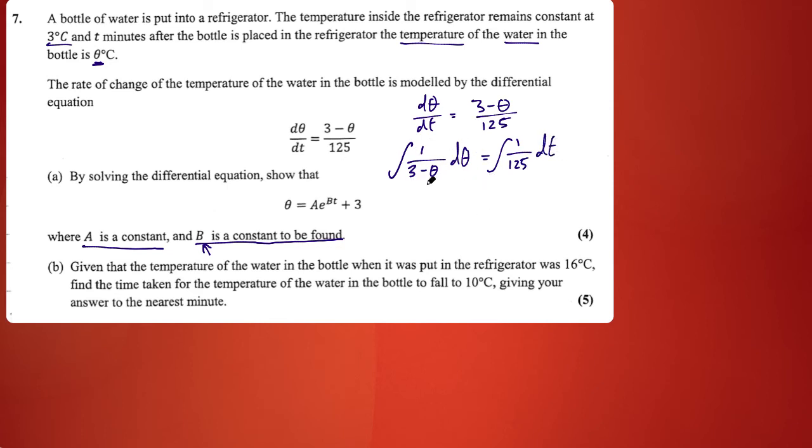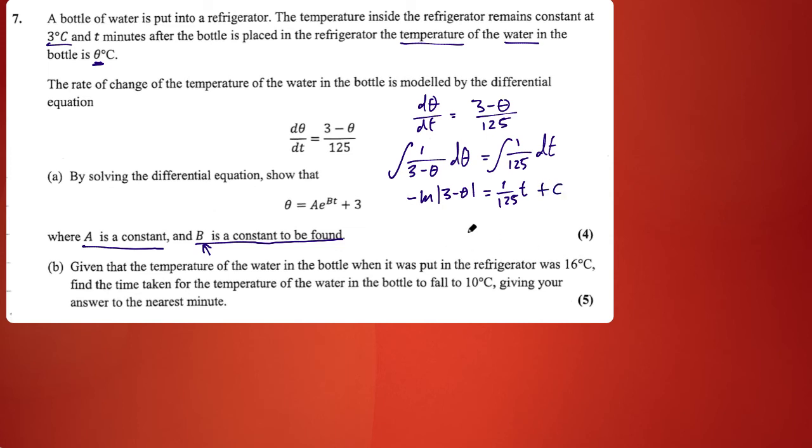Integrating those things with respect to theta, that is ln of 3 minus theta, but of course there's a minus inside the bracket, so I'm going to put minus ln of modulus 3 minus theta in there, equals t over 125. Or probably easier, put as a number in front, 1 over 125 t plus c.